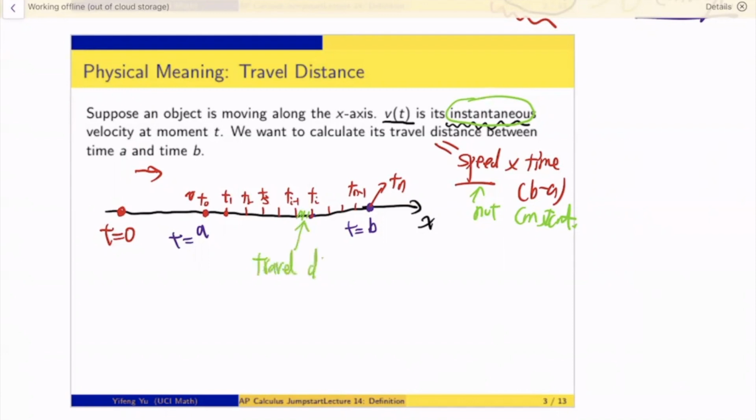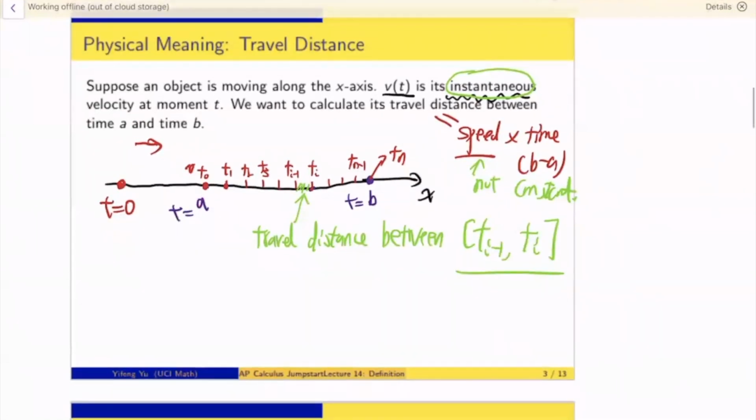Let's look at the travel distance between the time t_{i-1} and t_i. Because t_{i-1} is very close to t_i, we can approximately think the speed is constant.